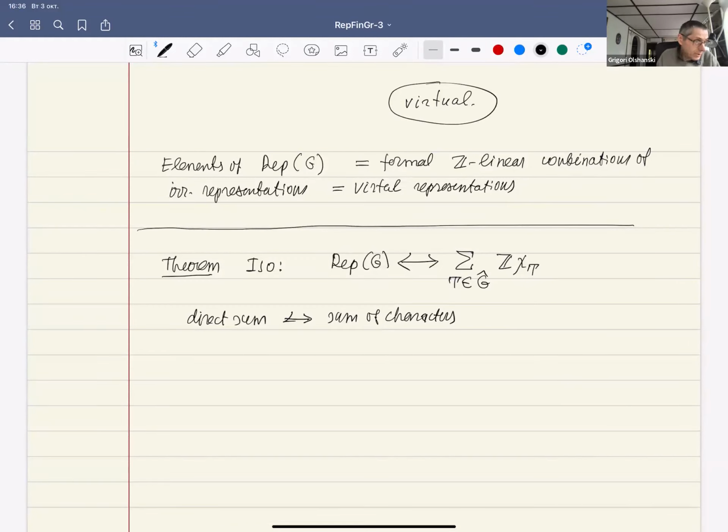Here is an example of why this correspondence is useful.